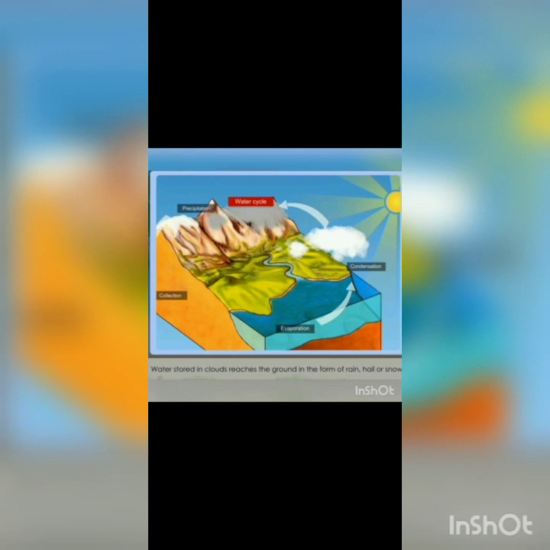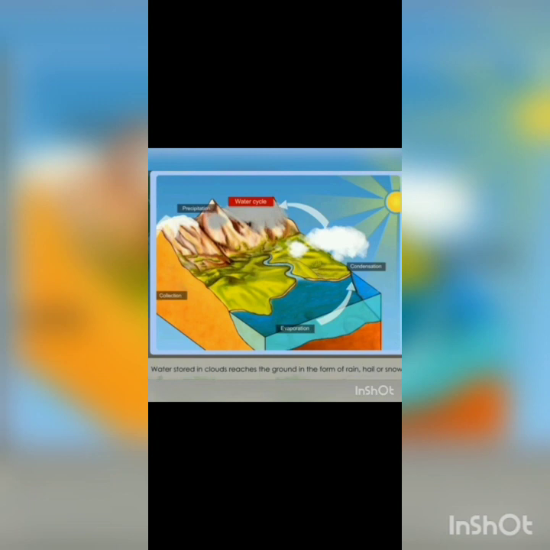The water vapor then forms tiny droplets of liquid. Next, the change of water vapor into water drops is called condensation.